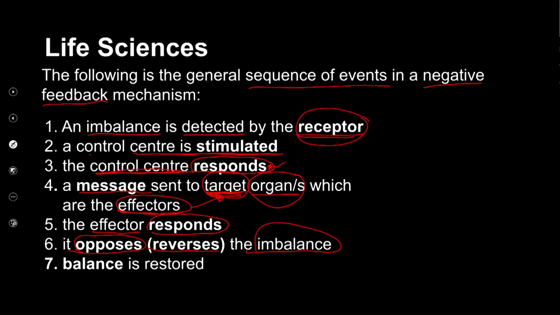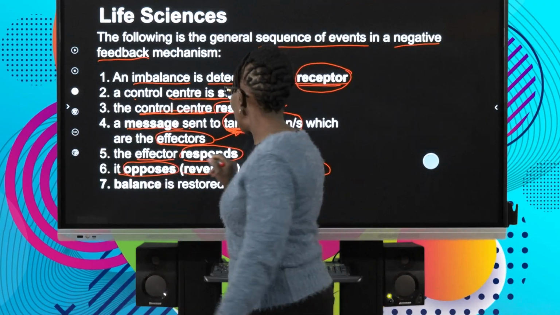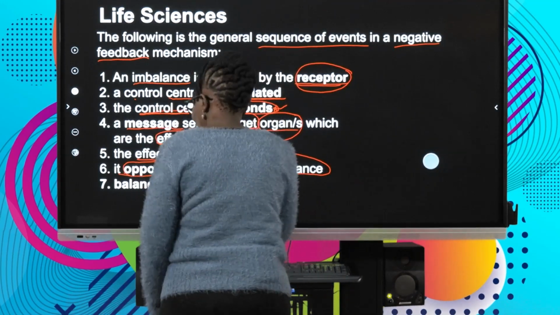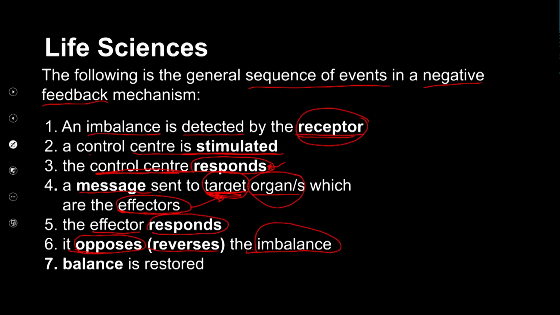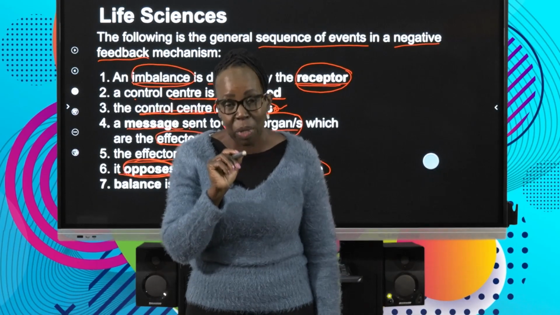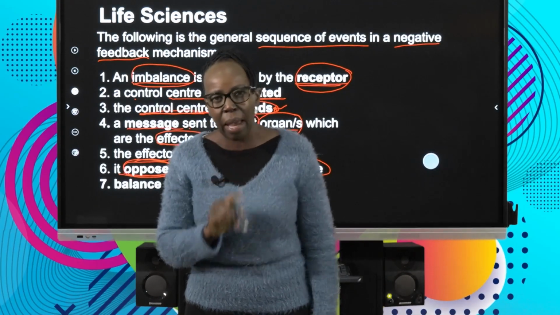After the effector responds, it opposes the imbalance that was detected. If it opposes that, it reverses the imbalance. Once it reverses the imbalance that was detected at step number 1, then what will happen?